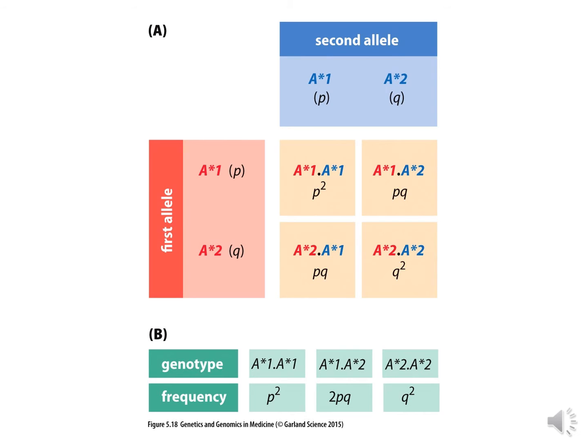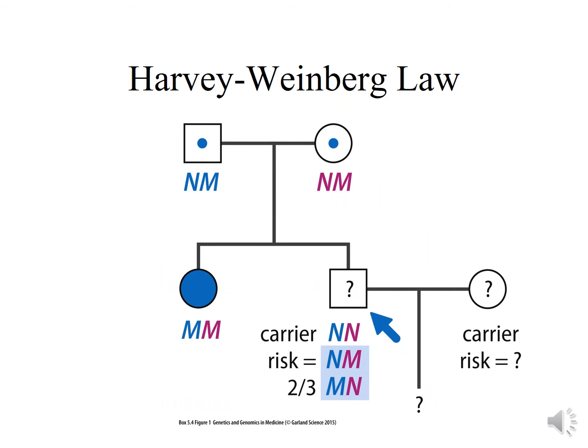We'll talk a little bit later about something called the Hardy-Weinberg equilibrium law, and this will relate the genotype frequencies to the allele frequencies by a binomial expansion equation, mathematically accounting for these phenomena. This slide shows a pedigree that exemplifies the use of the Hardy-Weinberg equilibrium law to estimate disease risk.